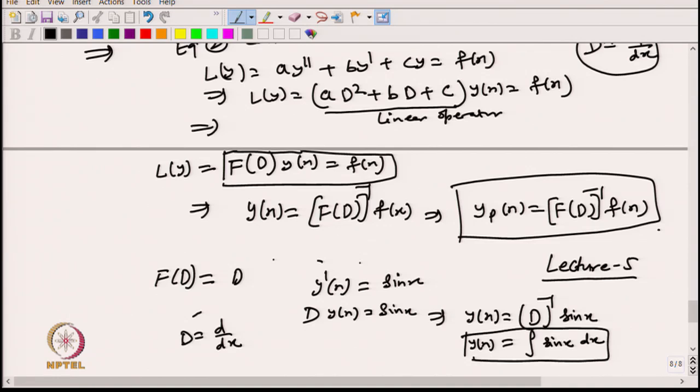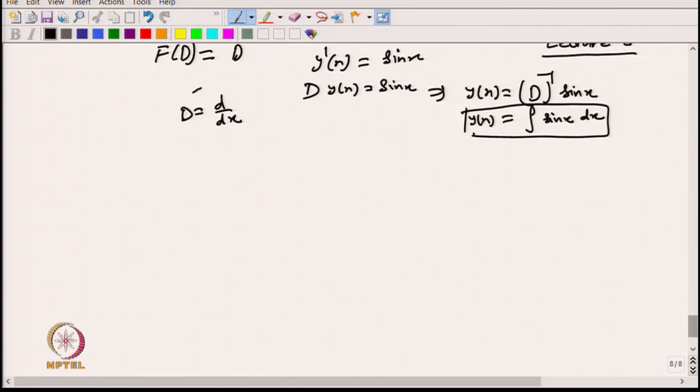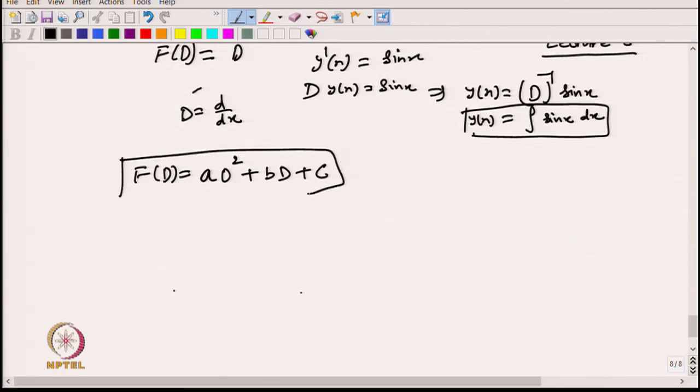So, similarly, now I have defined my F(D). If my F(D) is a D square plus b D plus c, this is my differential operator.